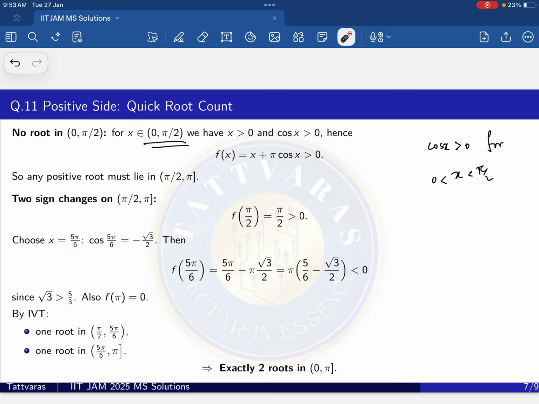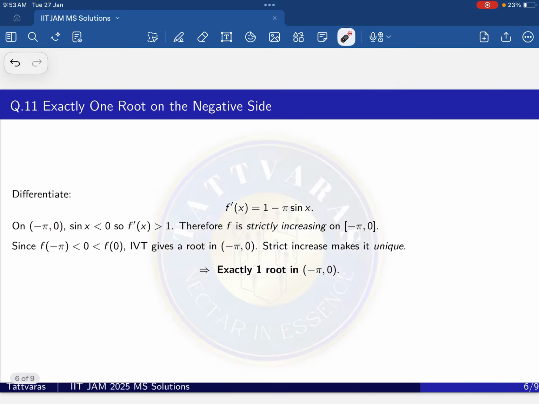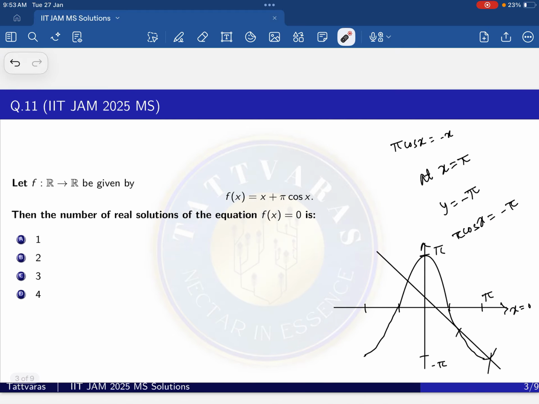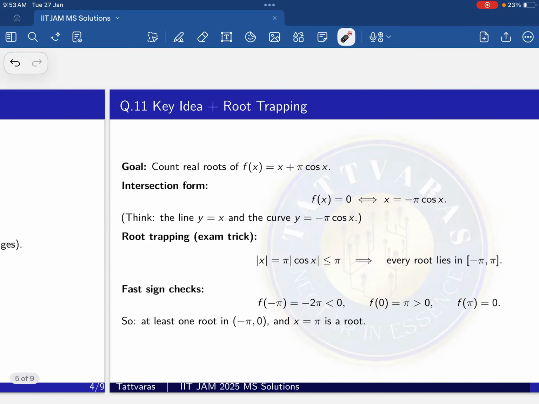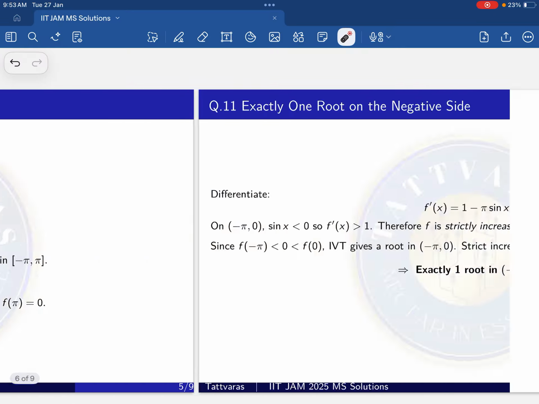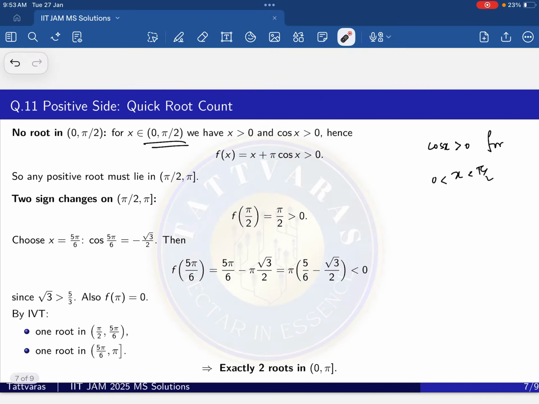But again, I think this is already clear, because since there is one root at pi, from the graph it should be clear that there is another root somewhere which is greater than pi by 2, and that actually can be shown if you take further derivatives and apply intermediate value theorems.